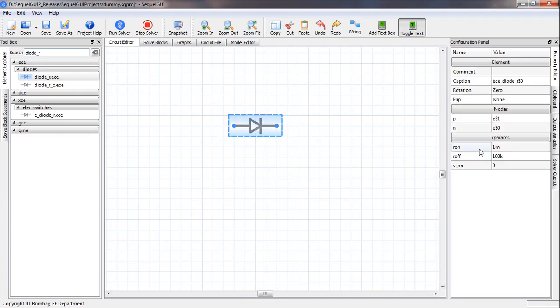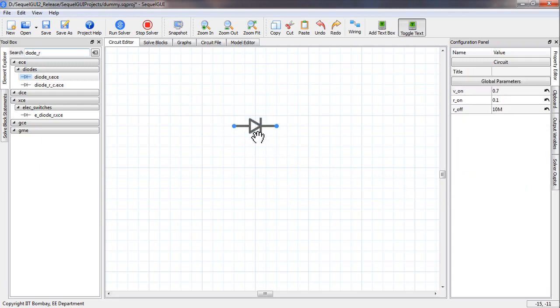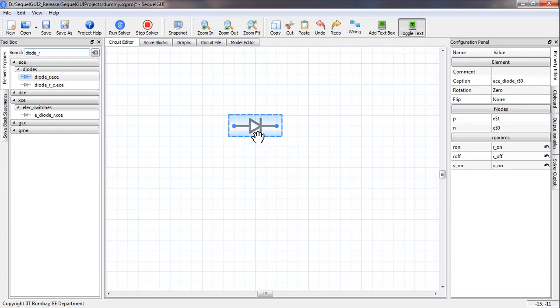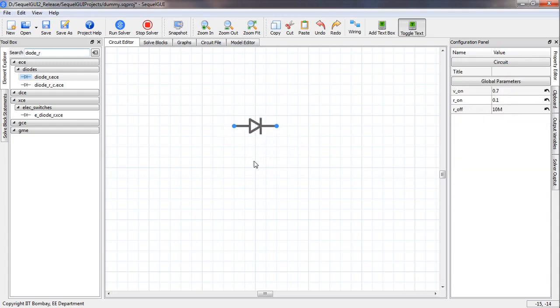And you see that its parameters are on resistance, off resistance, and V on. It has got some default values. What we will do is to assign the global parameters over here that we defined earlier, like that. And we need 6 of these diodes, so let us copy these.